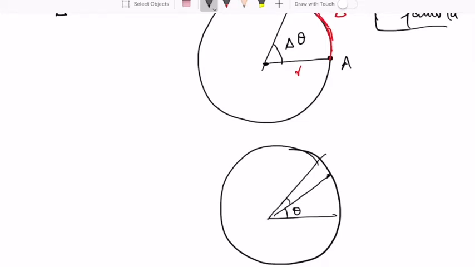So let this angle be called d theta, right? So you know that a very tiny change to a variable in calculus, we just call that d of that variable. So d theta means a very, very tiny change to theta, right? So what is the distance moved by the object?